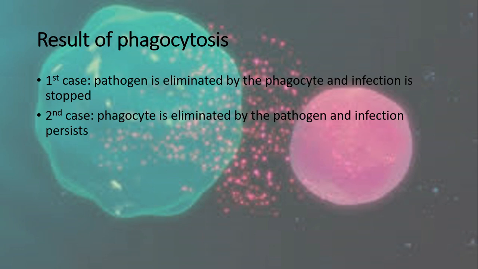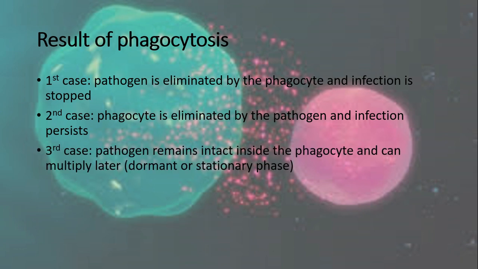Either the phagocyte will be able to digest the pathogen and kill it and the infection will stop, or the pathogen will be resistant to the enzymes, the lysosomes present in the phagocyte, and in this case the one which wins is, unfortunately, the pathogen and not the phagocyte, and of course the infection persists.